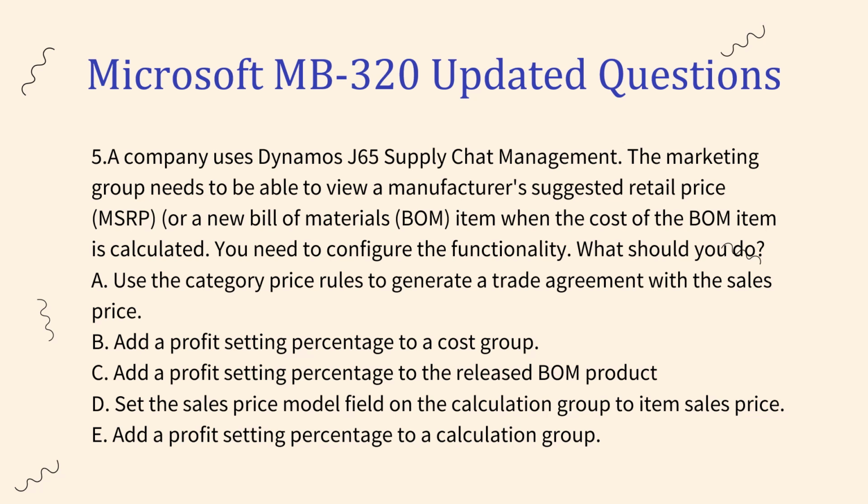A. Use the category price rules to generate a trade agreement with the sales price. B. Add a profit setting percentage to a cost group. C. Add a profit setting percentage to the released BOM product. D. Set the sales price model field on the calculation group to item sales price. E. Add a profit setting percentage to a calculation group.